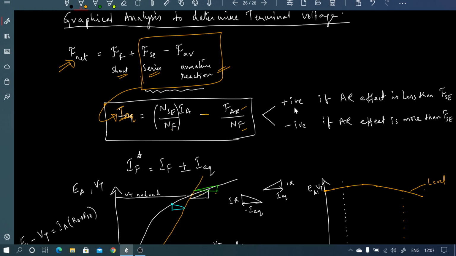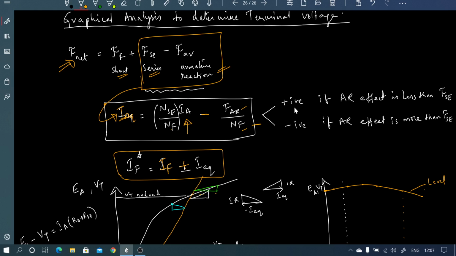Now this I_EQ is added or subtracted to the main field current to get a resultant equivalent field current, right? This is plus when I_EQ is positive, when the series field MMF is more as compared to the armature reaction.